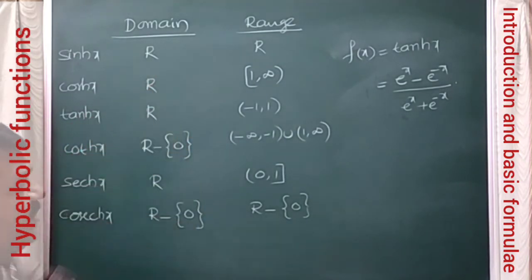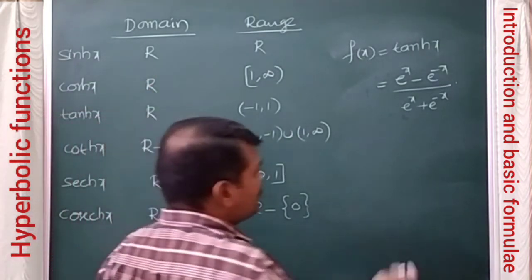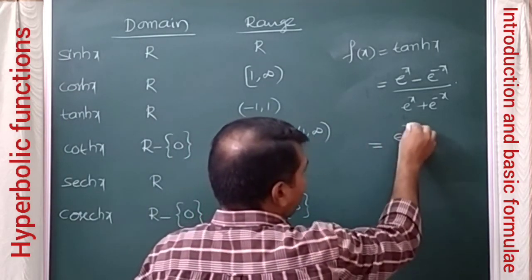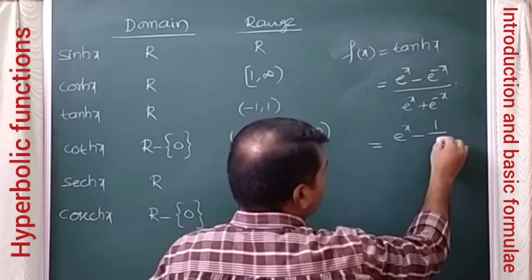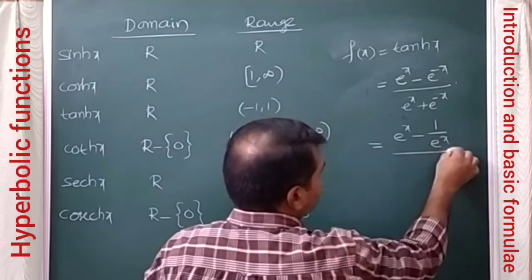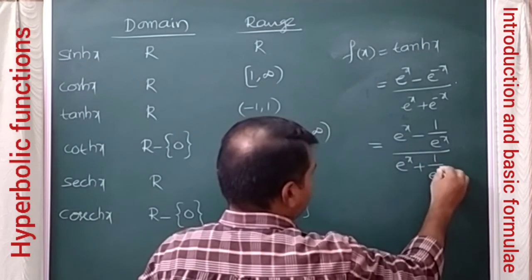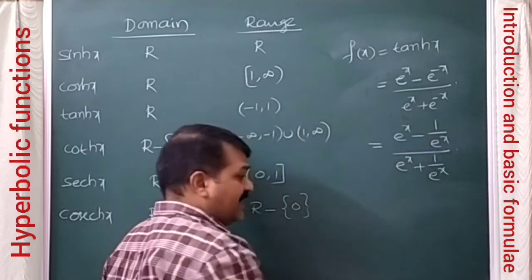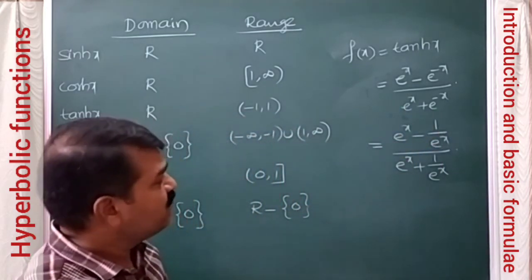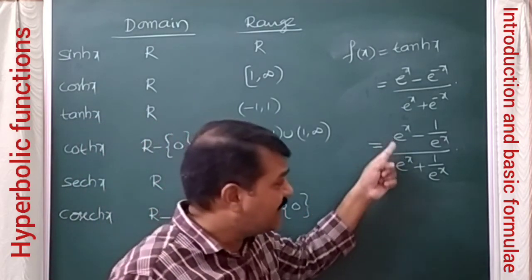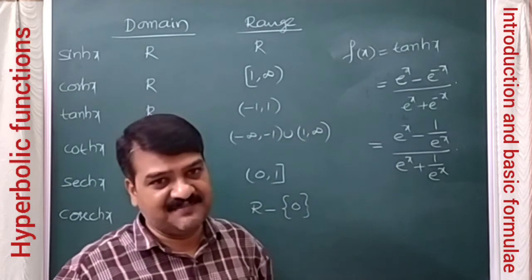And coming to range, we can observe that here it is e power x minus 1 by e power x, by e power x plus 1 by e power x. So clearly we can observe that the numerator is always going to be less than the denominator.